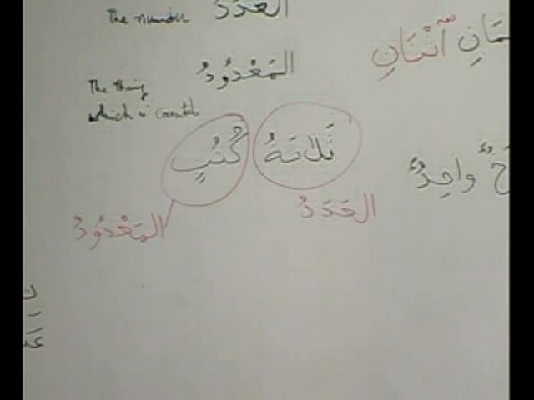Adad wa ma'dud. Al-adadu wal ma'dud. Adad, number, and ma'dud is the thing which is being counted. Fine? You got the idea? If you can write down this, it will be nice. Inshallah. And give them a circle so that you understand adad and ma'dud. Okay?